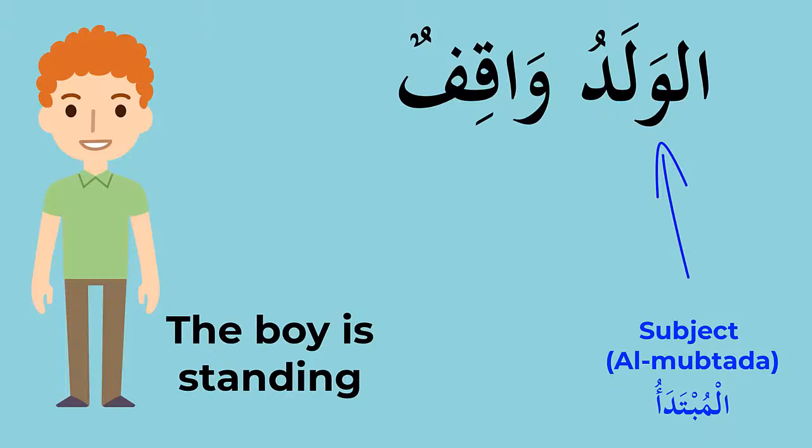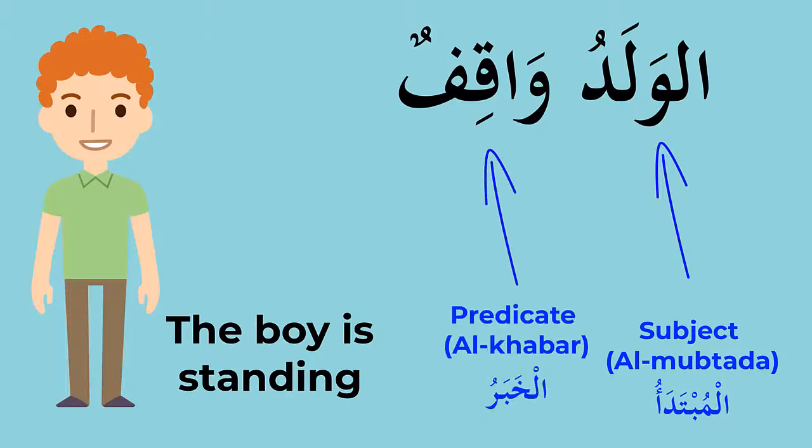Where is the khabar? Waqifun, standing. So here we have simple sentences and we are easily identifying the words in them. One is mubtada, the other is khabar. Jumla ismiya, mubtada and khabar. Mubtada marfu, khabar also marfu.